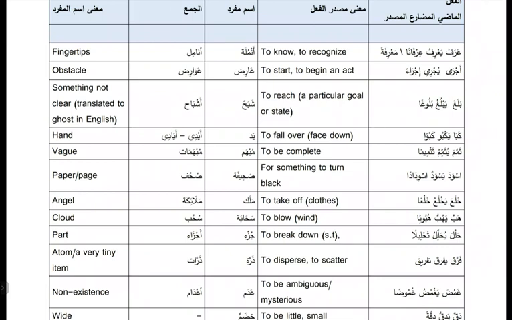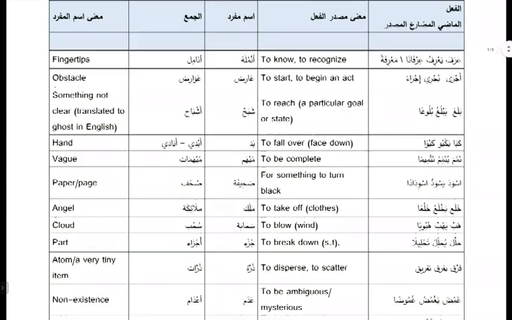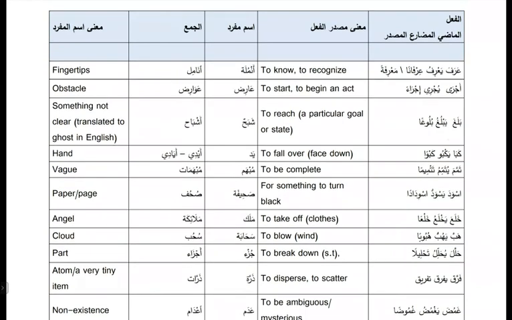So the fi'l is derived from the masdar. That's a bit of a chicken and egg thing in Arabic. Is the fi'l derived from the masdar, or is the masdar derived from the fi'l? There are two schools of thought, and it's like one of those timeless debates. Which one came first?